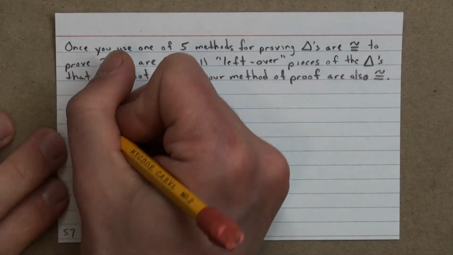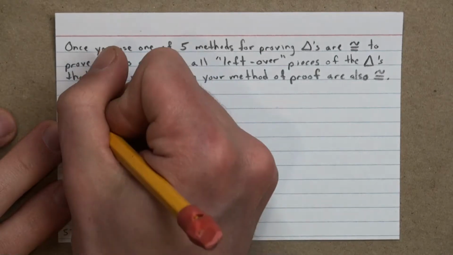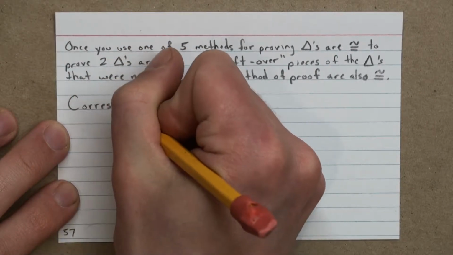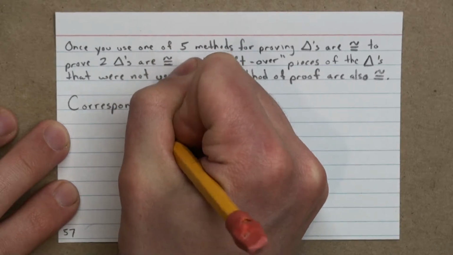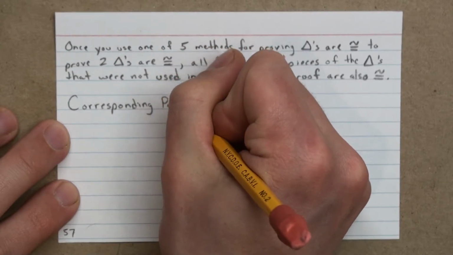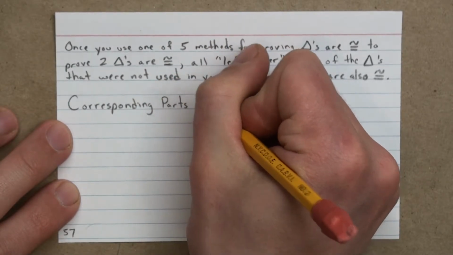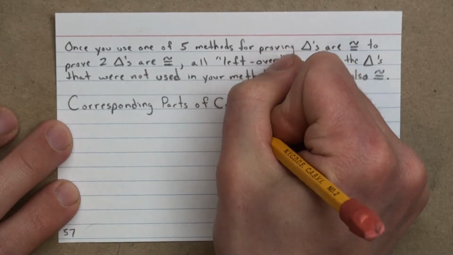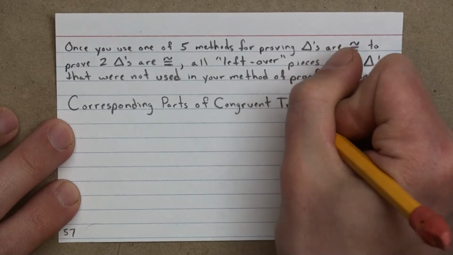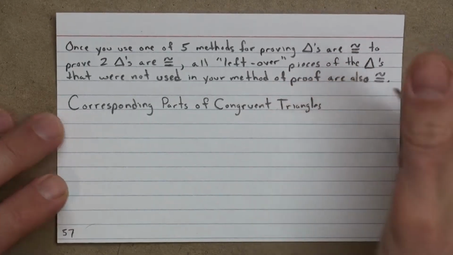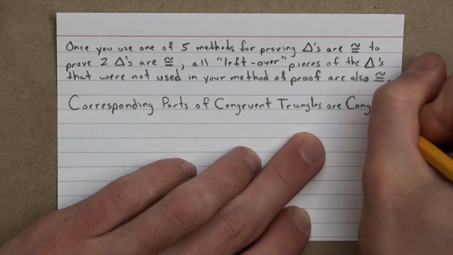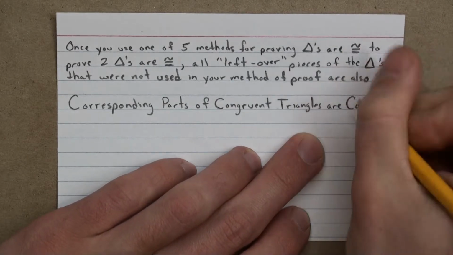So one of the most important things that you can write is that corresponding parts of congruent triangles are congruent.